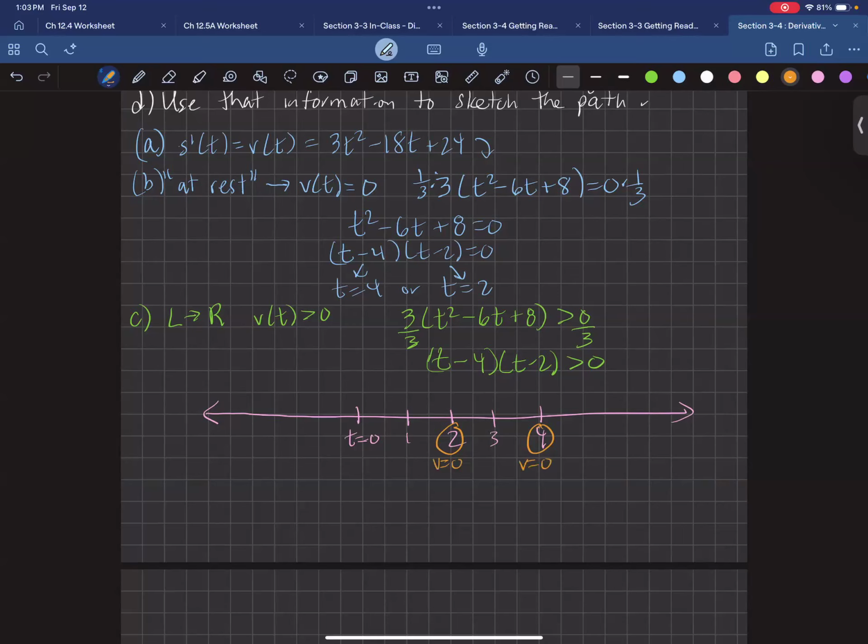Which means between them, it's not. It's got to have a velocity. And the sign will stay the same in between each region, because otherwise we would have another 0 between them. So what we do is we pick test points.